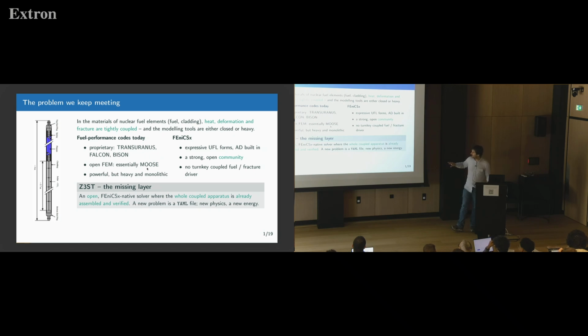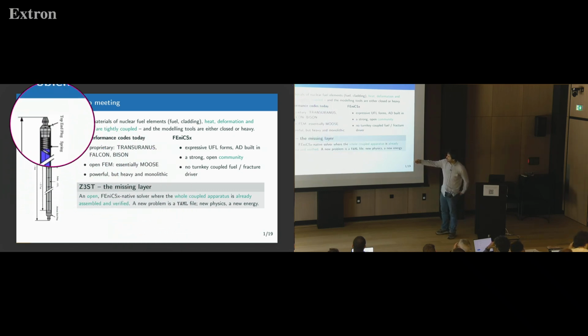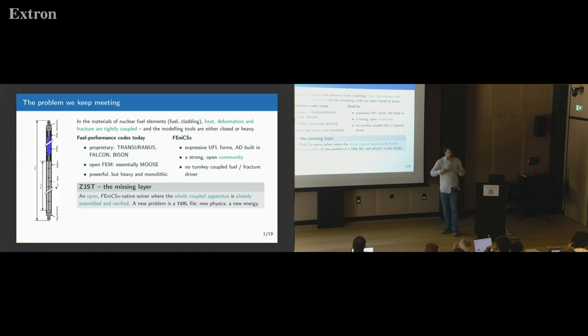I wanted to try to do something also on a more engineering scale. On that side, you can see an example, a schematic of a fuel rod, essentially a tube with some fuel inside that is heated, and that is usually in nuclear reactors.